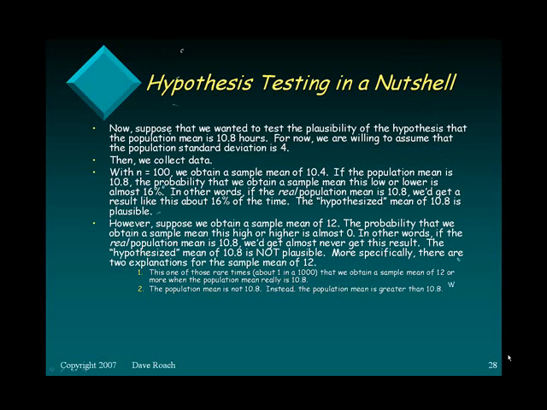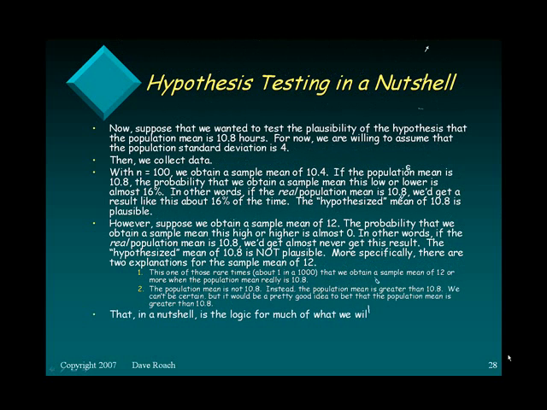Instead, might be some value greater than 10.8. Can't be certain, but we can be confident. We'd bet on it. Well, that's the logic of what we're going to do for the rest of the semester, or part of the logic for what we'll be doing the rest of the semester.